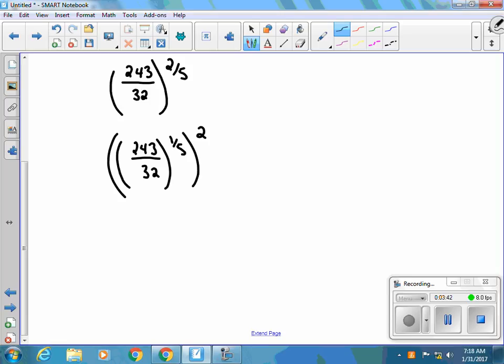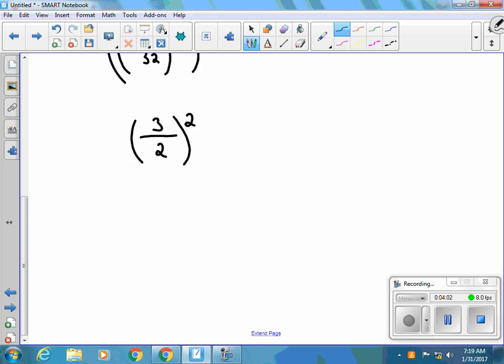All right, so 243 to the power of 1/5 gives me 3. 32 to the power of 1/5 gives me 2. So now I've got 3 over 2 squared. Now the 2 goes to both the 3 and the 2. 3 squared gives me 9. 2 squared gives me 4.